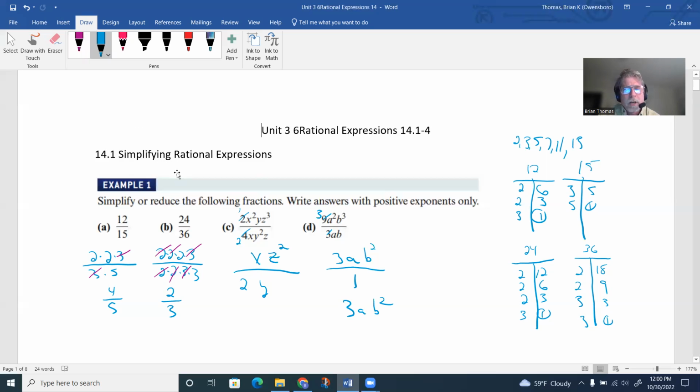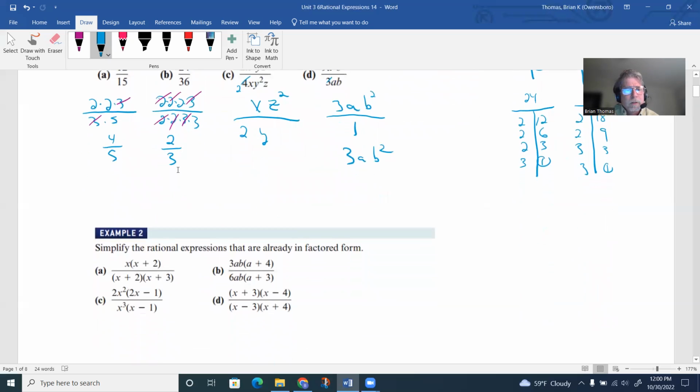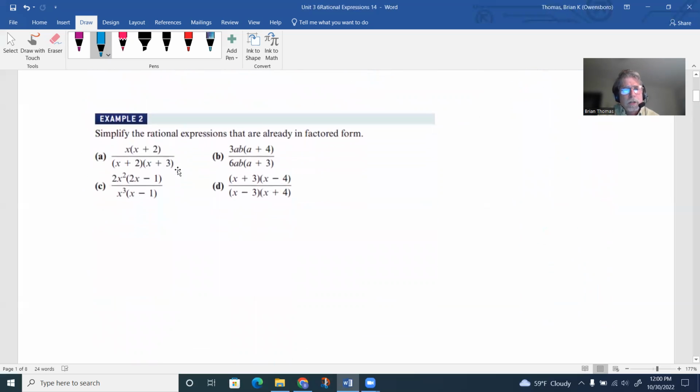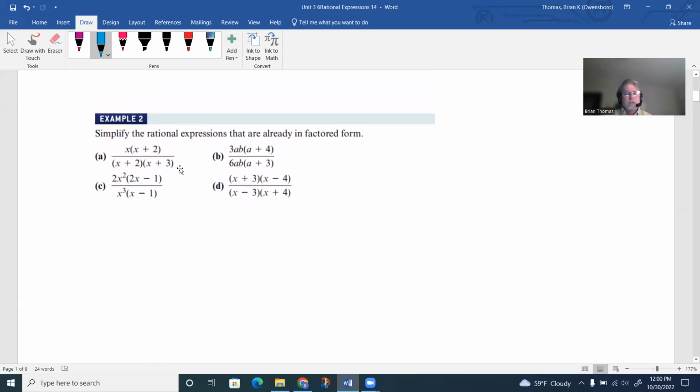So we've done that already in our previous lessons in chapter 11. Now, what we're going to get into is some of the stuff that we just did in chapter 13 with some of these factored forms of polynomials. So notice that the numerator and denominator are in factored form.